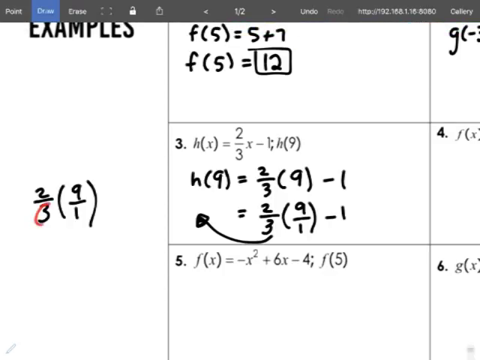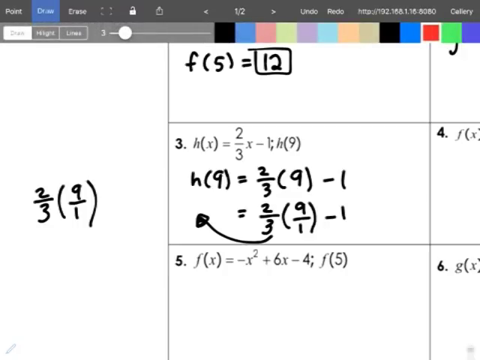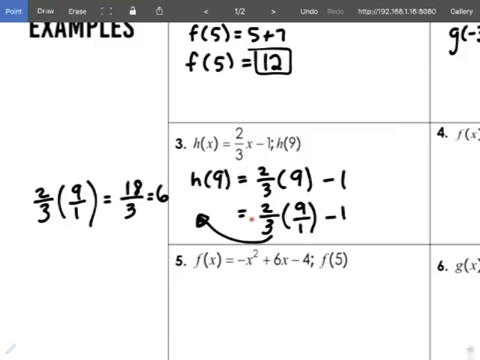But I'm just going to multiply across because that's what I've been doing. So 2 times 9 is 18, and 3 times 1 is 3. What's 18 divided by 3? 6, okay?